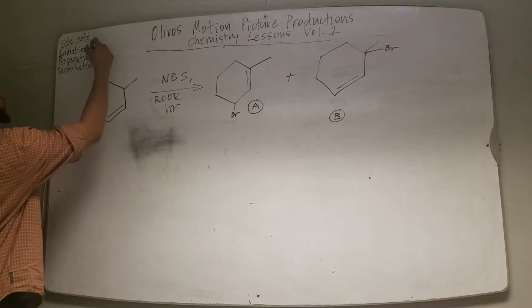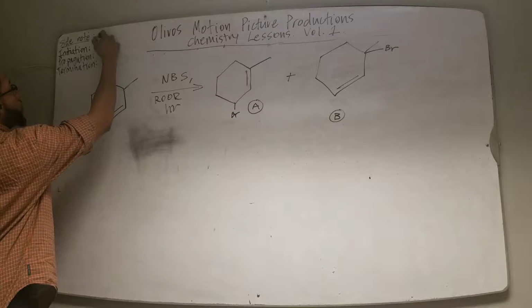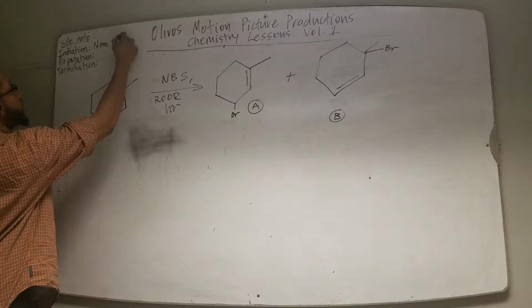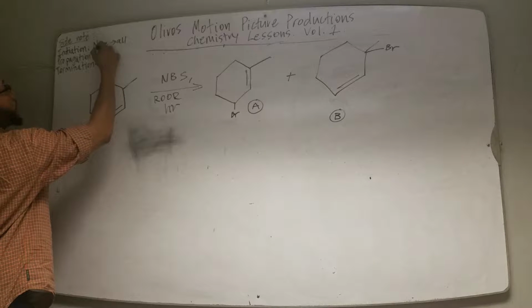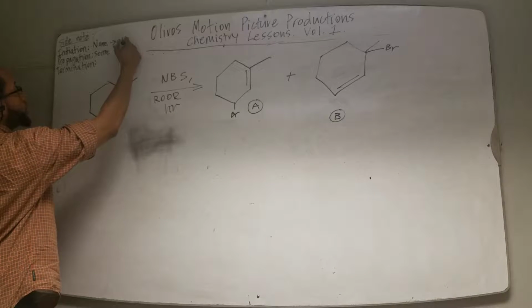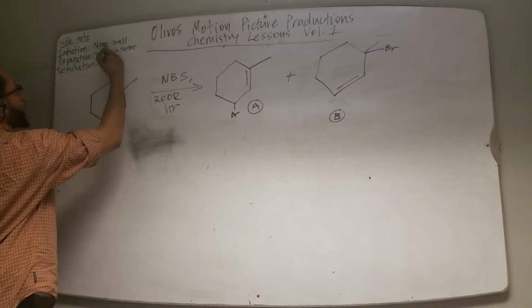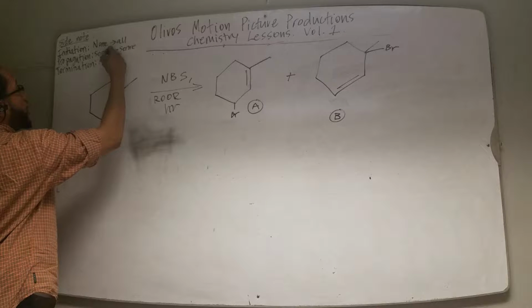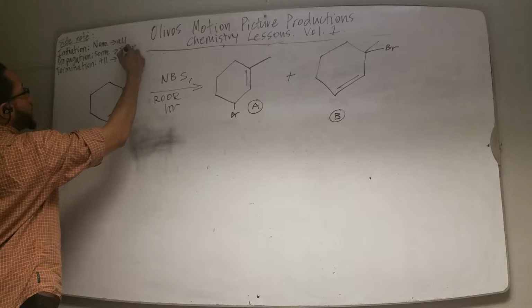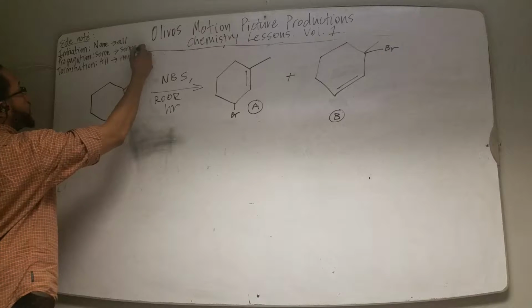So what you have here in initiation, you would have none making all radicals, and then in propagation, you would have some radicals, and there would still also be some more radicals on the other side of the arrow. And in termination, you would have all the radicals, and then on the other side of the arrow, you would have none.